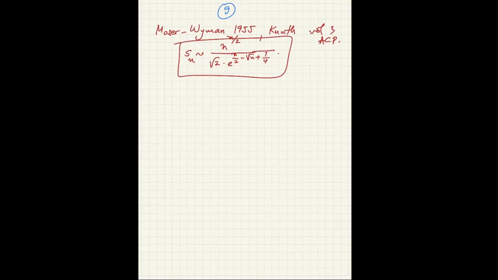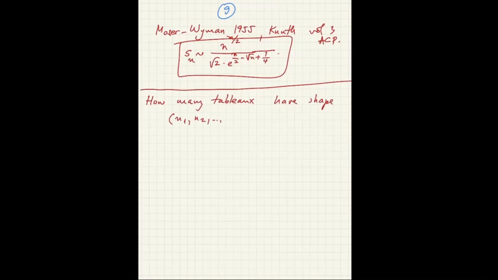But now, the last thing I want to talk to you about is, what if we fix the shape of the tableaus? So let's say we want to count tableaus. The question is, how many tableaus have shape given by some numbers, let's say n1, n2, up to nm, where n1 is greater or equal to n2 greater or equal to nm greater or equal to 1.